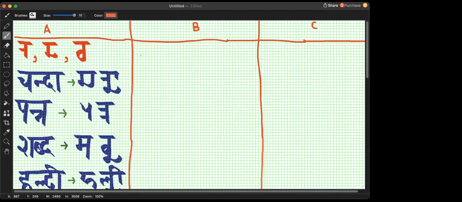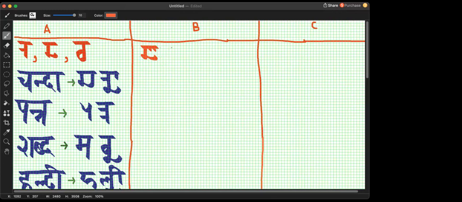When it touches multiple times in the sense, example, jo. We all know. See, already once it is touching, and then I will draw two lines here. So it is touching three times. Such alphabets will fall under category B.